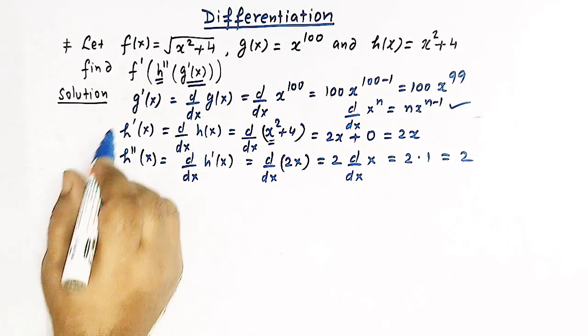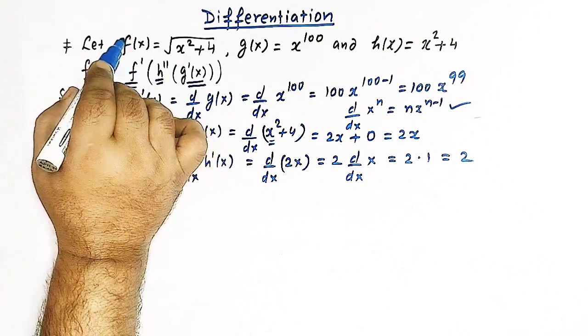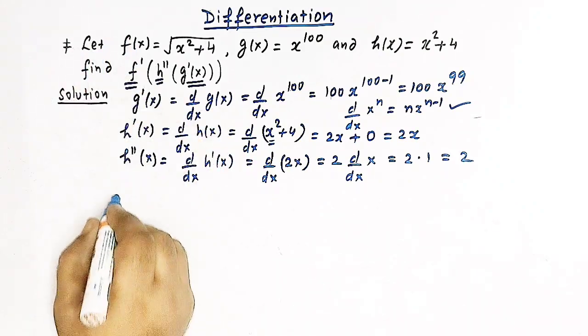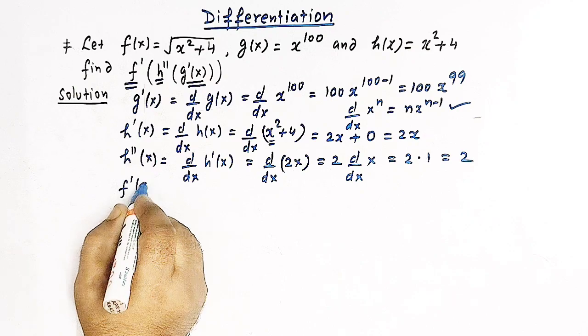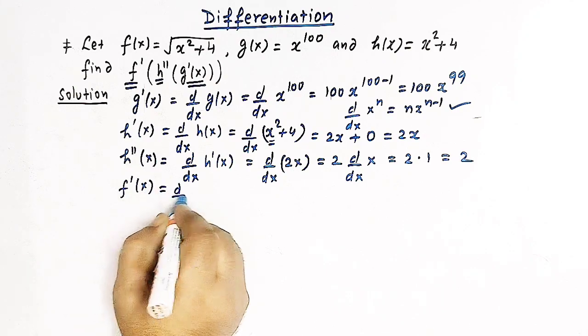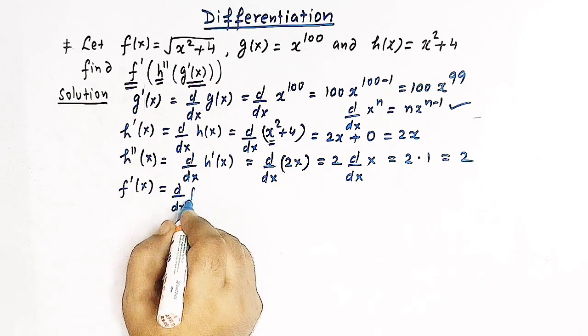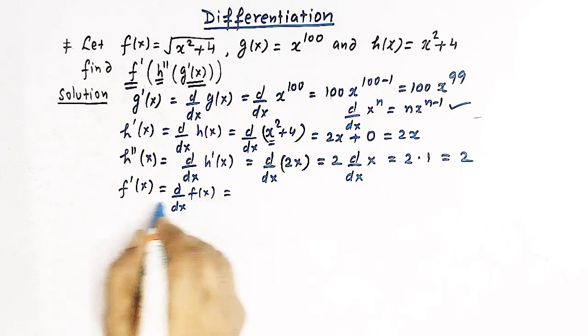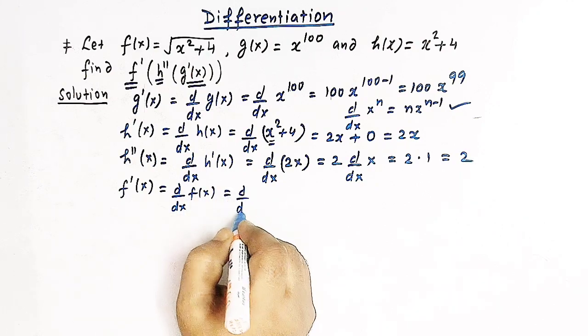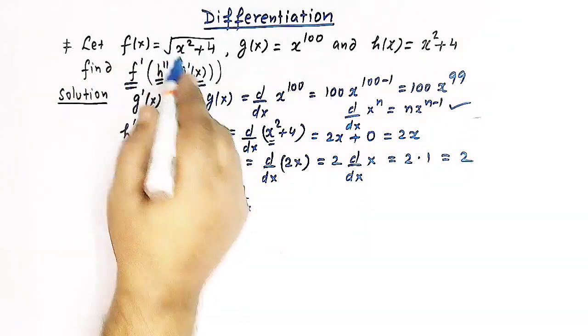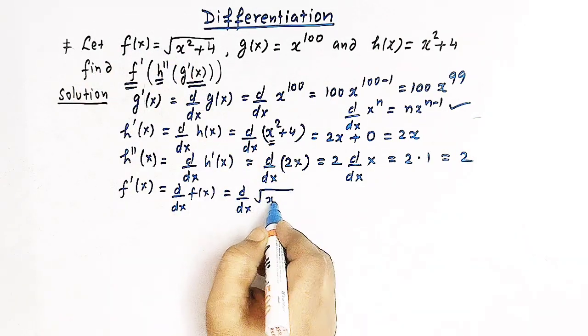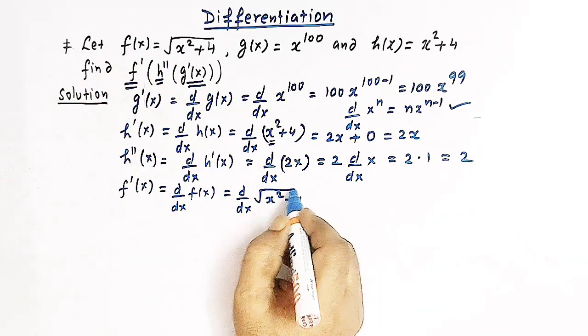So now let us find the derivative of the function f of x. So f prime of x is given by d by dx of f of x, which is d by dx of square root of x square plus 4, right?